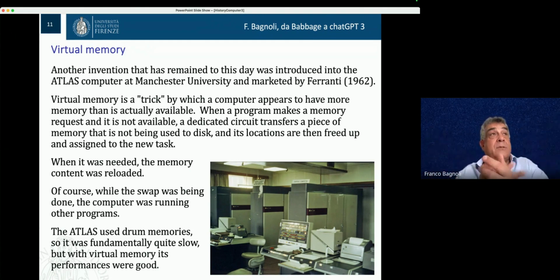Clearly, this includes managing all the pointers to memory in a smart way, in order not to lose a lot of time in dumping memory back to the hard disk and then loading again. And this was a real innovation.